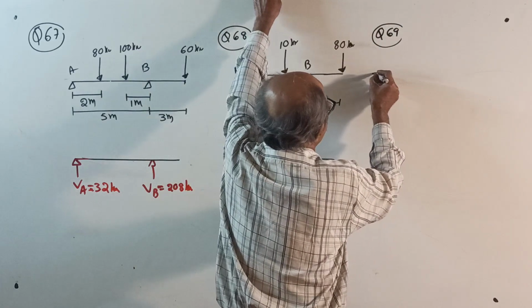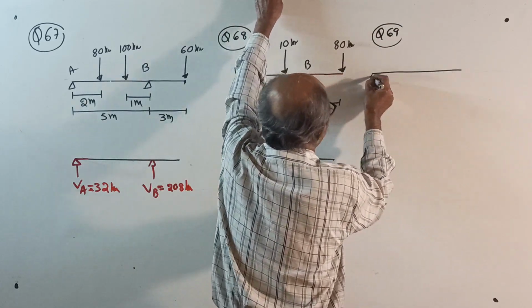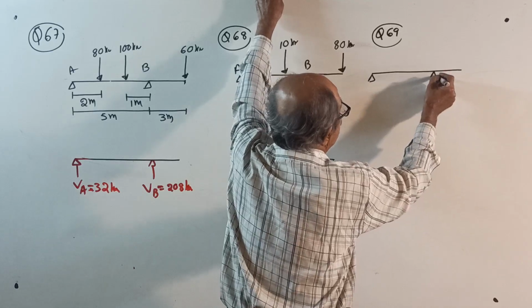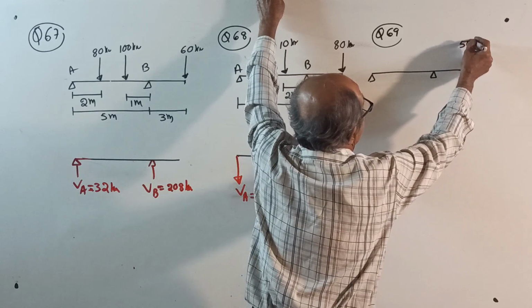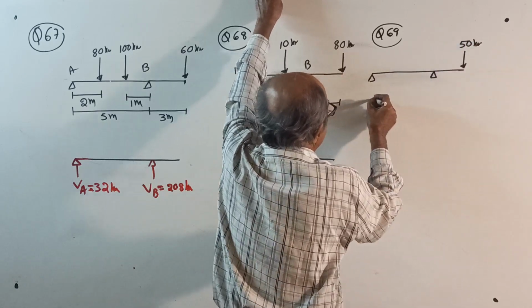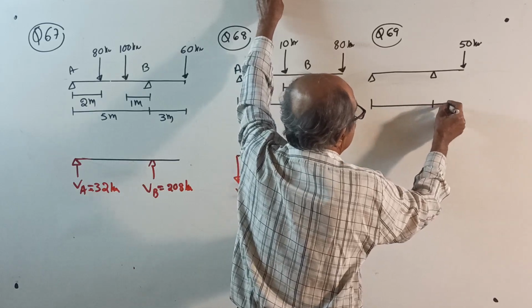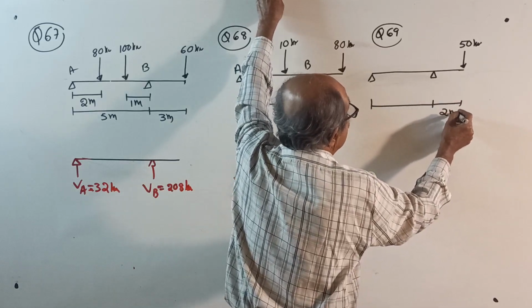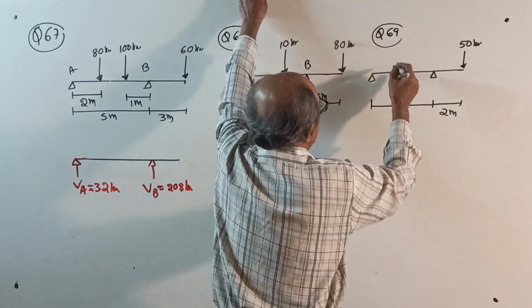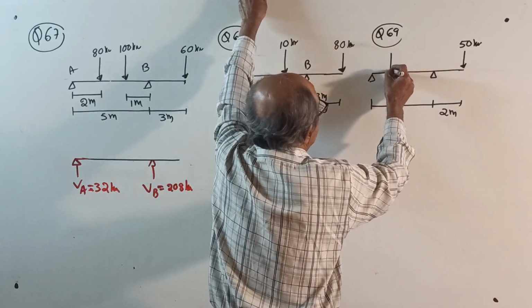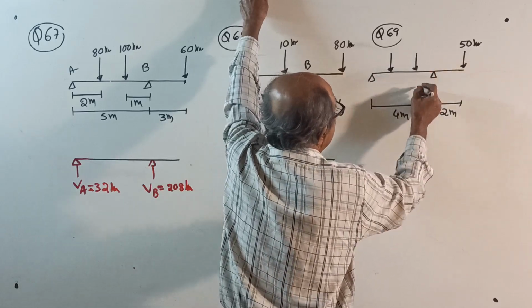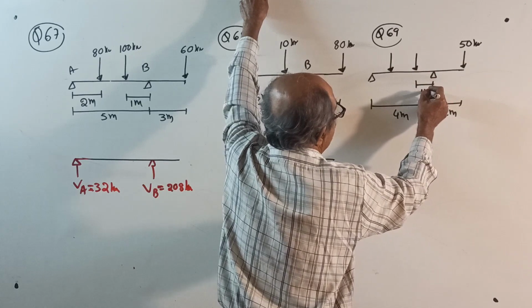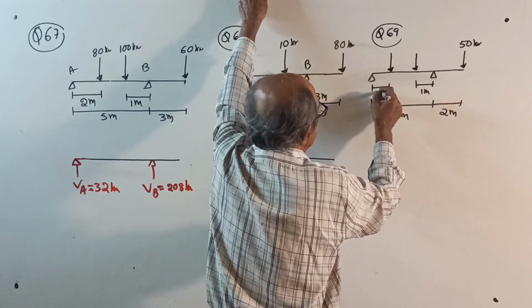I'll put a unique case here. Same right side overhang with point load. 50 kilonewton. 2 meter, 100. 4 meter, 1 meter and another 1 meter from here.